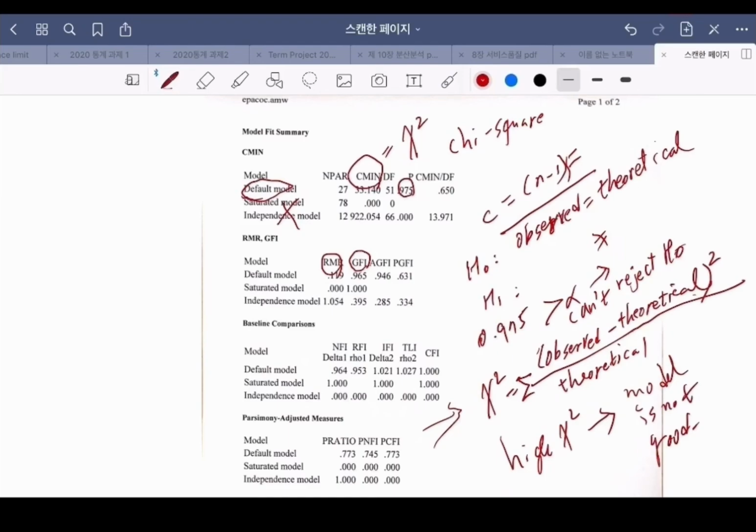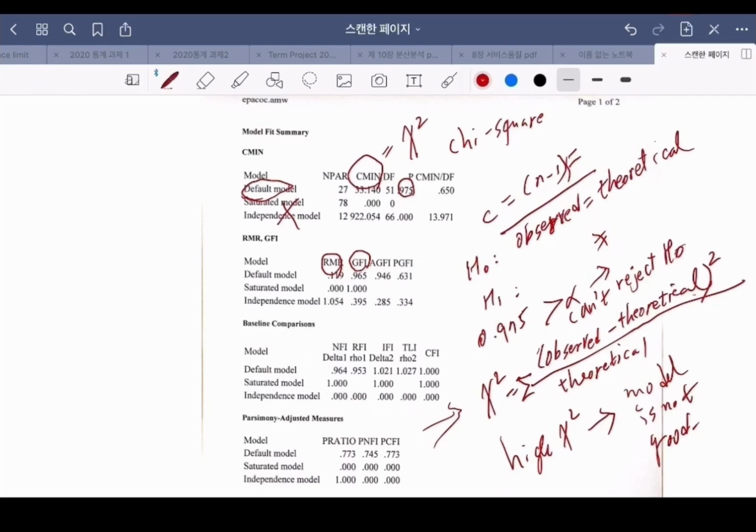So if you have a big, high chi-square, it's bad news. Why is that? Because a big chi-square means there is a big difference between observed and the theoretical part, from the formula. So smaller chi-square is better.